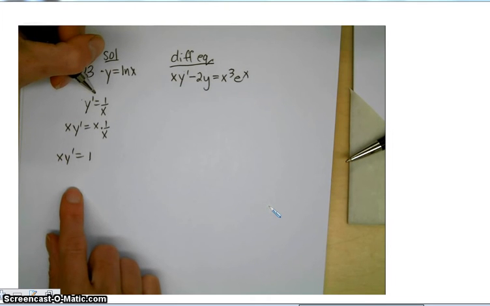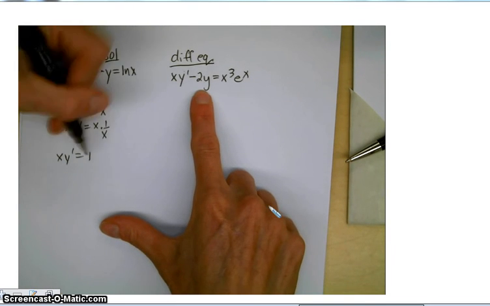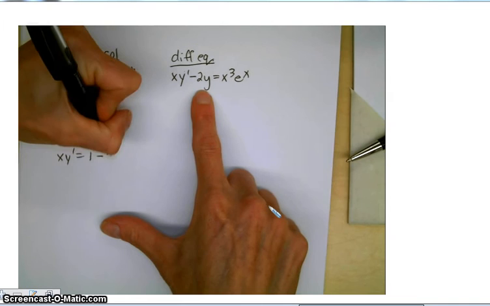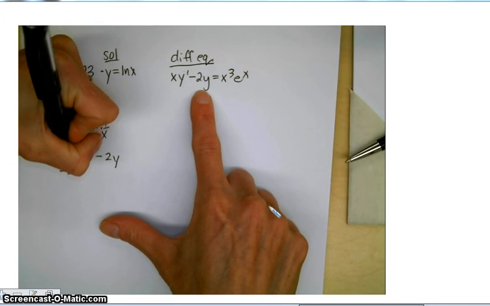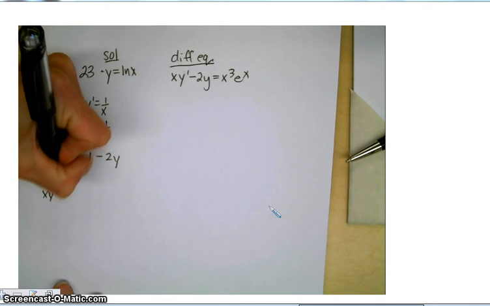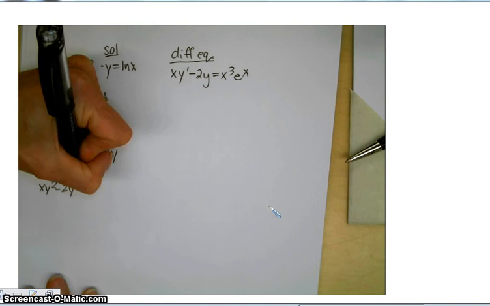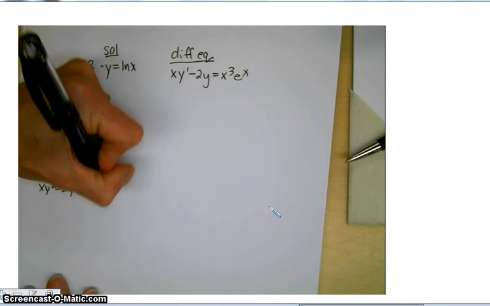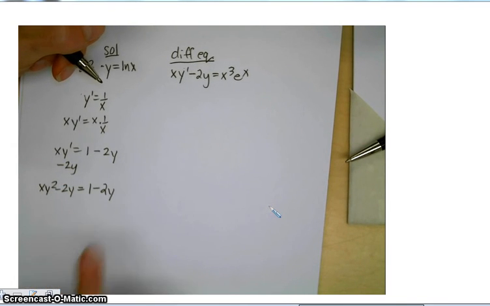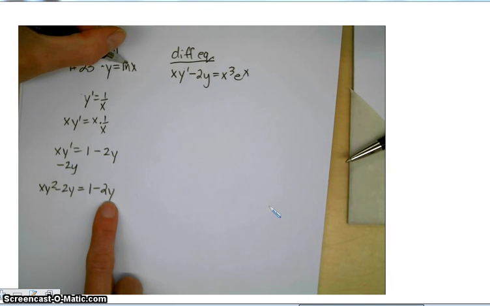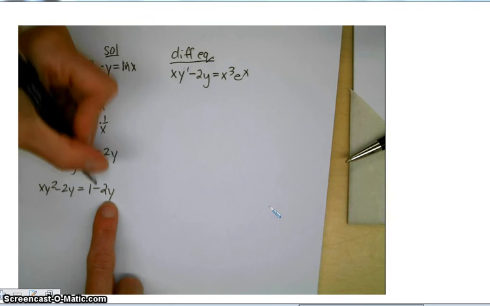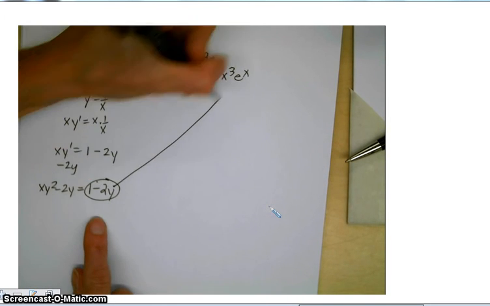And then I know that I would need to subtract 2y from both sides. I can do that to both sides, so I'll have xy prime minus 2y equals 1 minus 2y. And y is the natural log of x. Over here, I have to think, is there any way I can make that look like that?